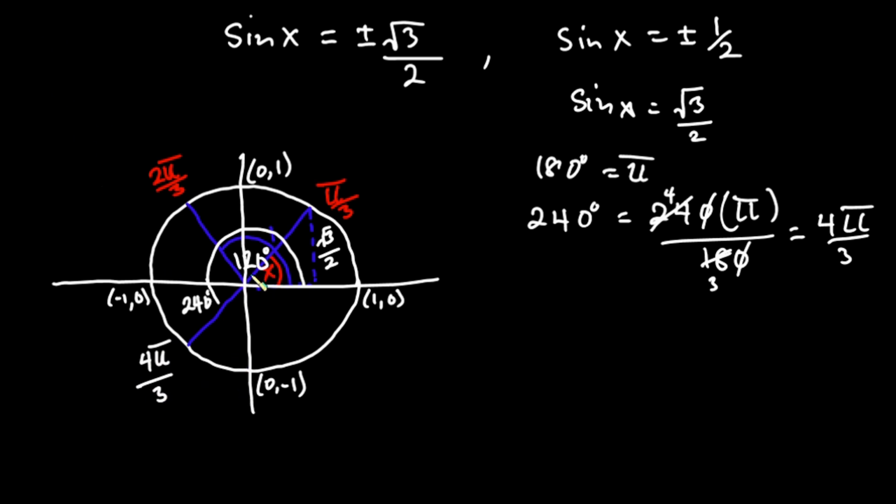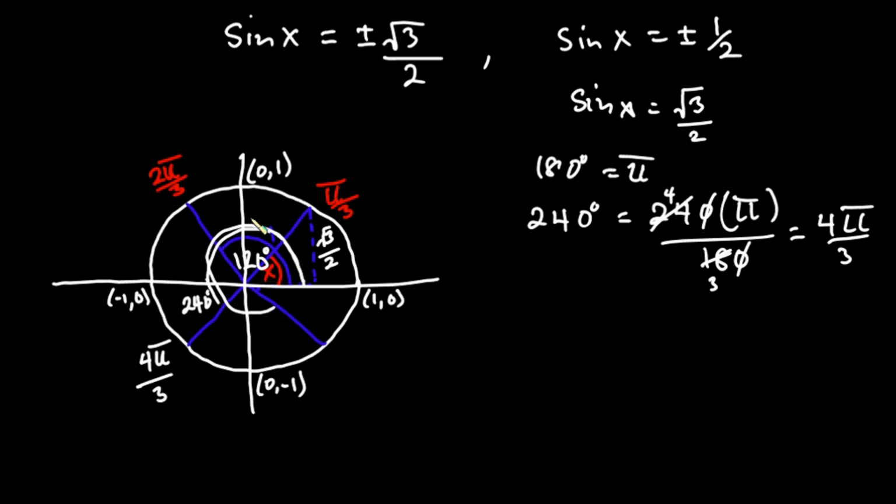And lastly, let's divide this one into 3 parts. And this time we want the distance from this point to this point. Since the total angle of a circle is 360, let's take this angle, which is 60, from 360 so that we get 300.